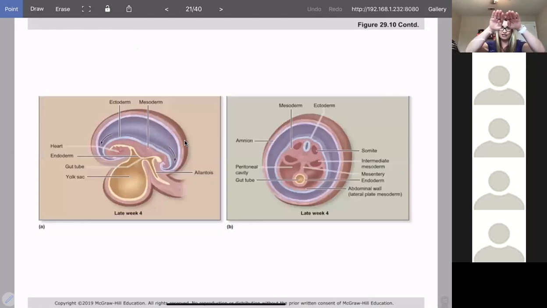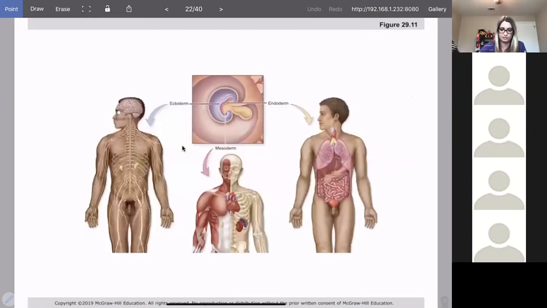Notice that it turns outwards and then comes together. And you see where the gut forms right there in the middle. So this would be the cross section. But again, I'm not going to make you label that. None of that is going to be on labeling.